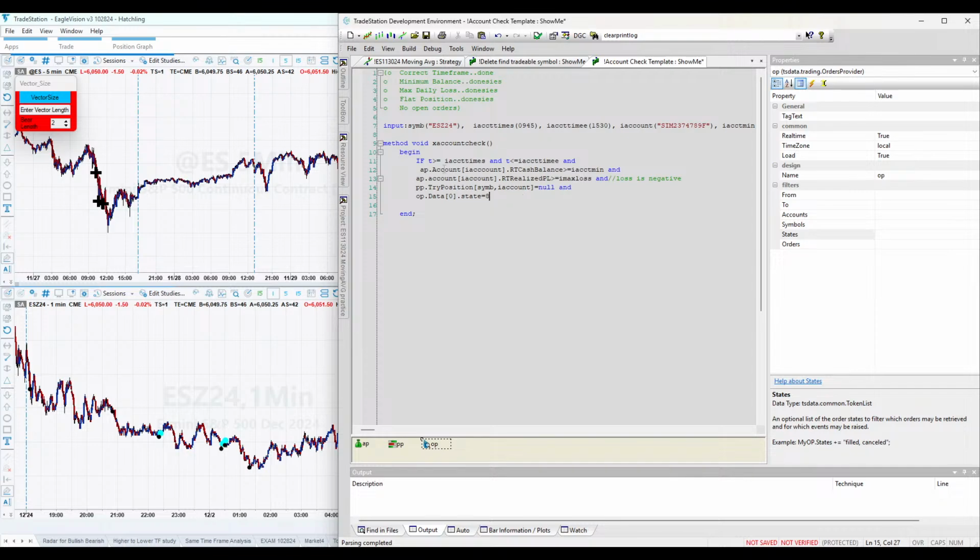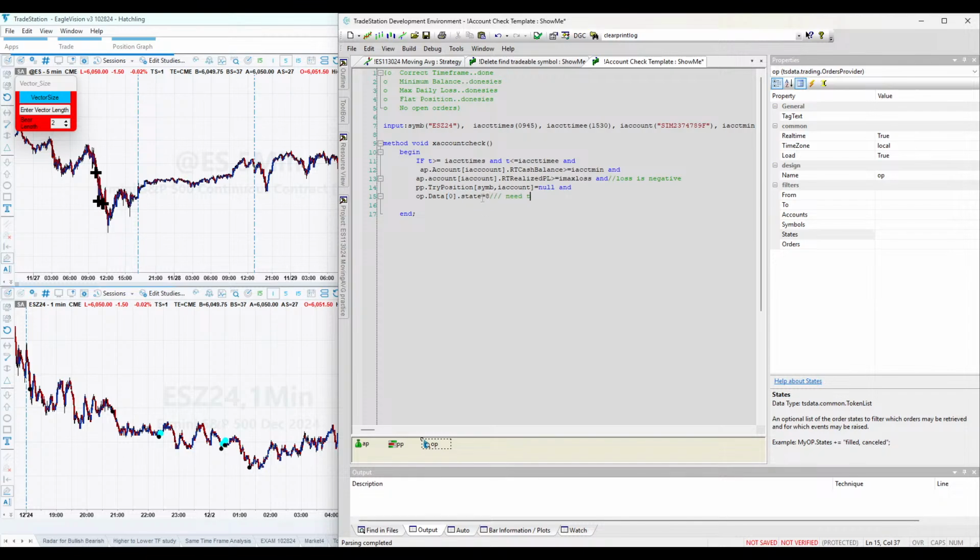Okay, so if we're in the right time and we are greater than the account minimum and we have not dropped below the max loss and we don't have a position currently on, and orders provider, like I said, this is one that we have to come back to.